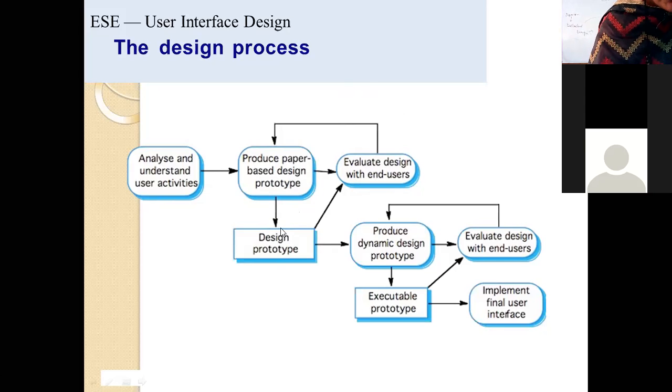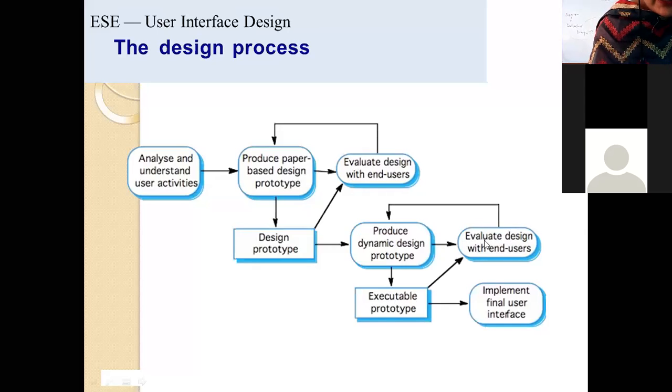After that, we design that prototype. Designing a particular prototype and converting it into a dynamic design prototype is the concern. After producing a dynamic design prototype, again we evaluate with the end user. If the end user feels this prototype is good, he can suggest going for an executable prototype.